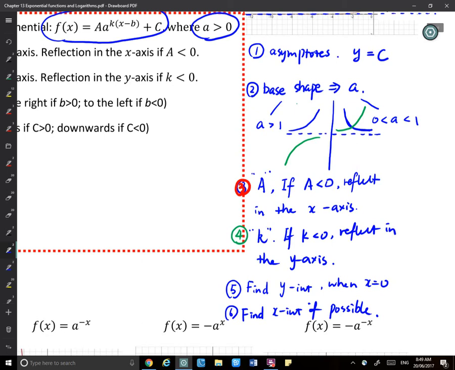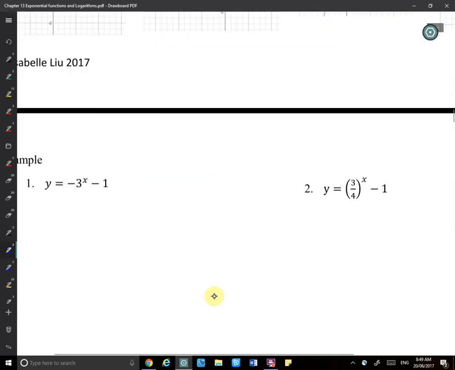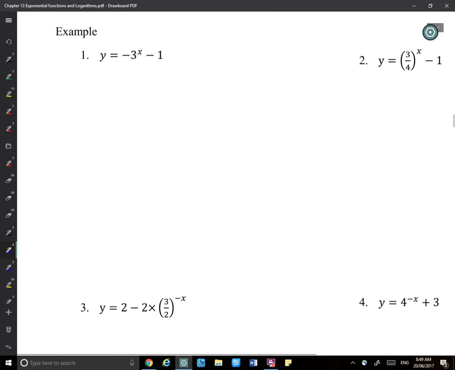After all of that, you will try to plot the graph accurately, so you find some points on this graph. I'll show you some examples and it will make a lot of sense. Make sure you have this down, and let's go to page 2.